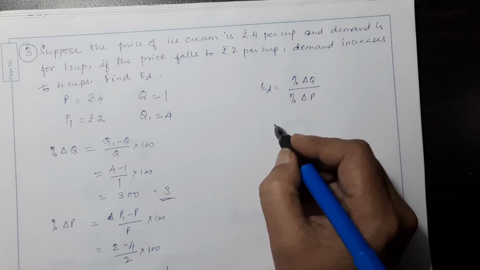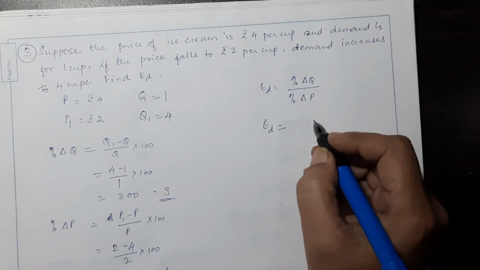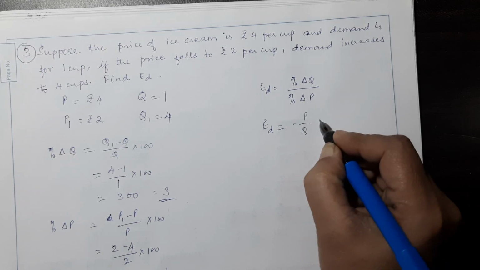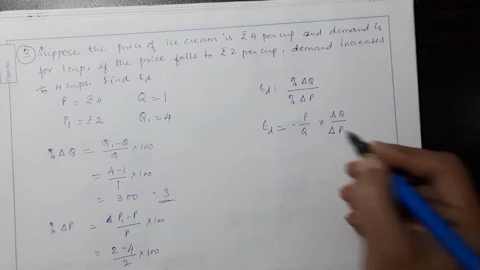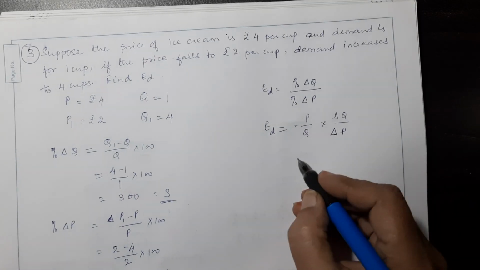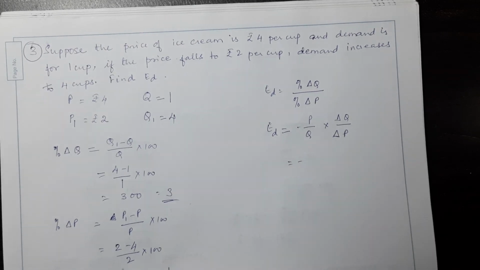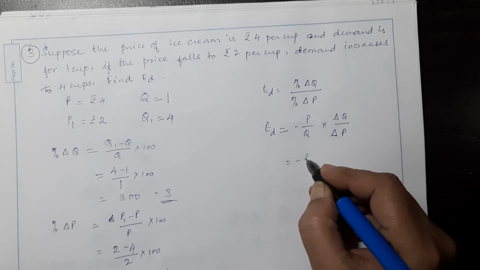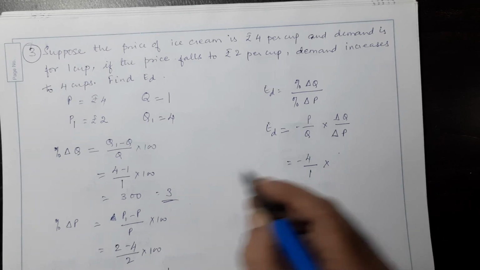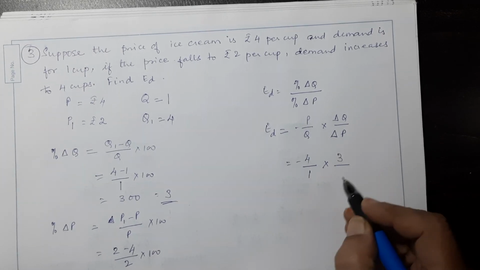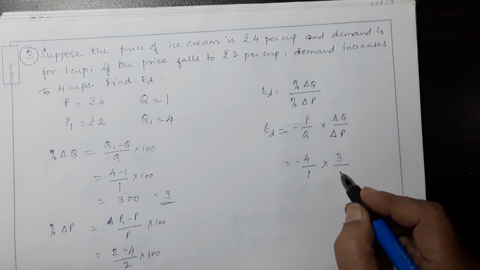And now we will calculate this ED. This ED or elasticity of demand is also given by minus P by Q, remember the other formula, into delta Q by delta P. Now let's put the values. Minus P is how much? P we found out to be 4, by Q is 1, into delta Q we found as 3, by delta P is 1.